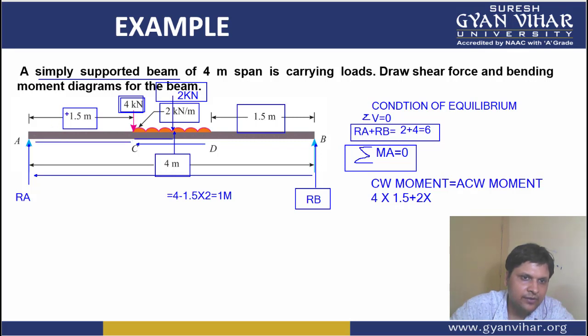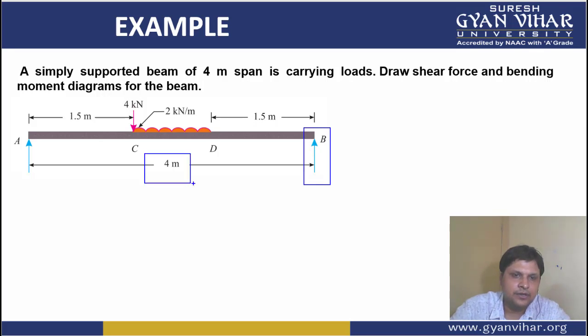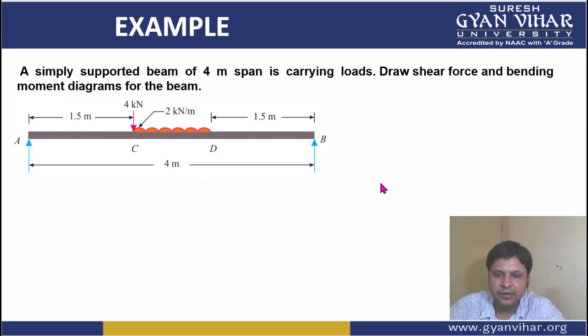This means 1.5 plus half of the UDL, half of this 1, means 1.5 plus 0.5, that is equal to 2. So 2 into 2 will give you the value, and in the clockwise direction it will be equal to RB into 4. In this way RA and RB can be calculated.